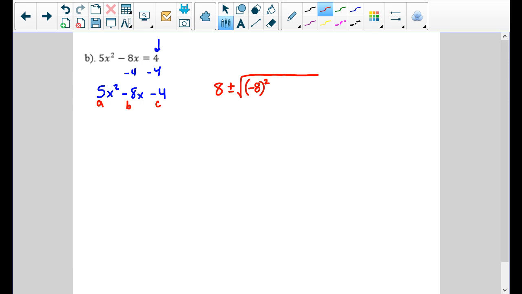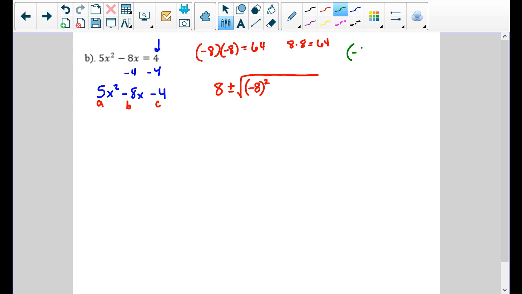Because negative 8 times negative 8 gives me 64, right? Or 8 times 8 is 64. It's really important, and you got to really be careful here with this negative, or you're going to get, again, the wrong answer, okay?